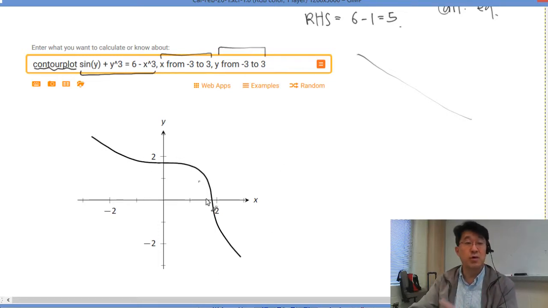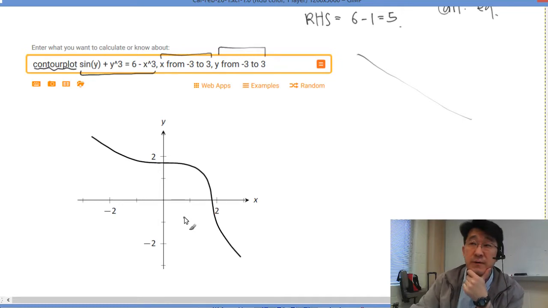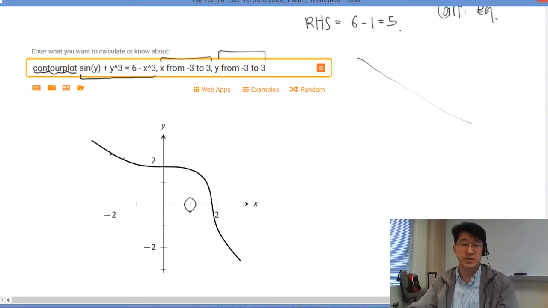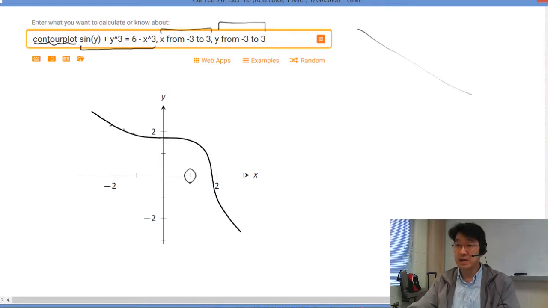This is a collection of all the points within -3 to 3 that satisfy this equation. Where was 1 comma 0? 1 comma 0 is right there. No wonder it doesn't pass through, right? Okay. But there are some points it passes through, and those are the points. If you plug them in there, it's satisfied. It shows you what those points are. Fair enough? Contour plot, and you can sketch the graph.